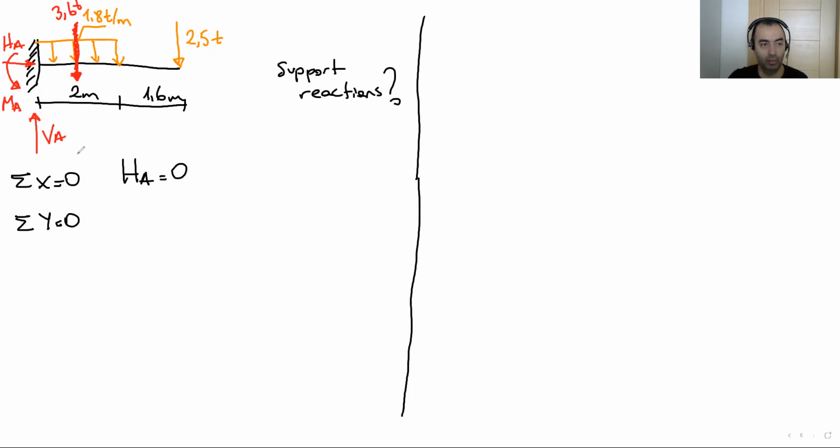Here, vertical A in positive direction goes up, minus 3.6 goes down here, and minus 2.5 goes down here, equals 0. In this equation, we have only one unknown. As you can see, it's easy to get the vertical A, VA. VA is 6.1 tons.